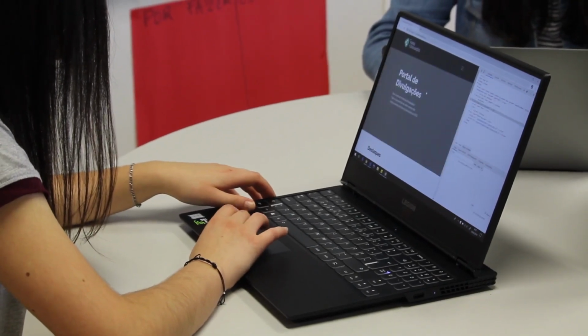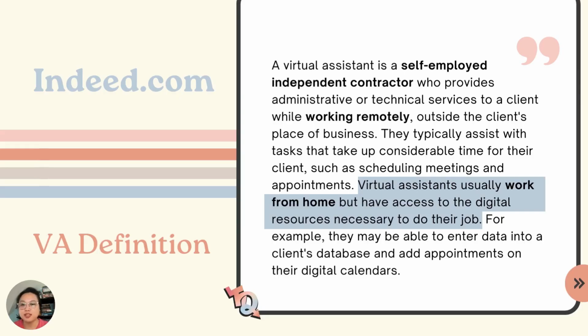Some of these tools may be a web-based team management system, the client relationship management tool or the CRM, their calendar, their graphic designing tools, or their social media accounts. If you are a social media manager, your clients will, of course, provide you with access to their social media accounts in order for you to manage them.